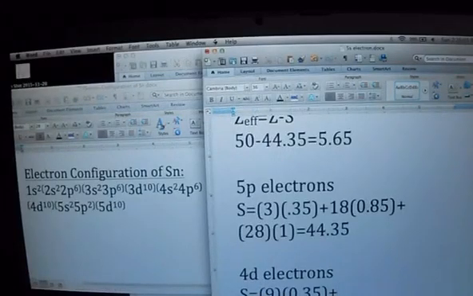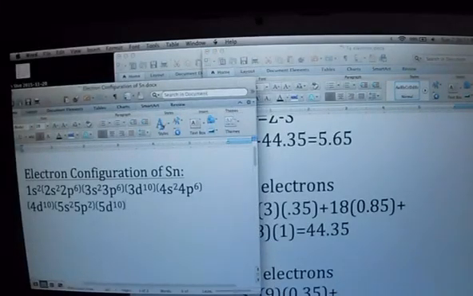The next rule, basically every single other electron that's involved in shielding shields by 1. So the 4s, the 4p, 4d, 3d, everything else shields it by 1. So this stuff adds up to 28, and then we're going to have 28 plus 8.